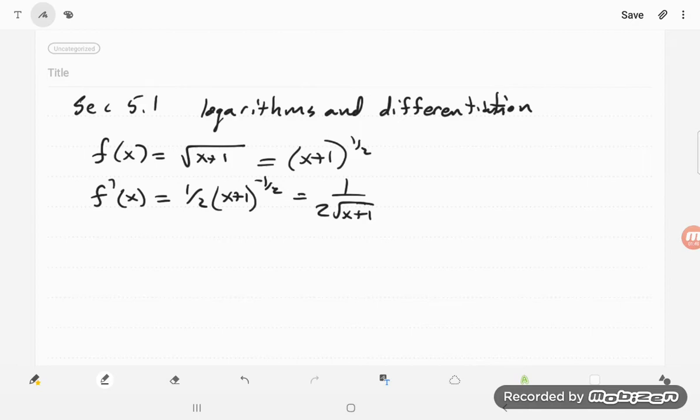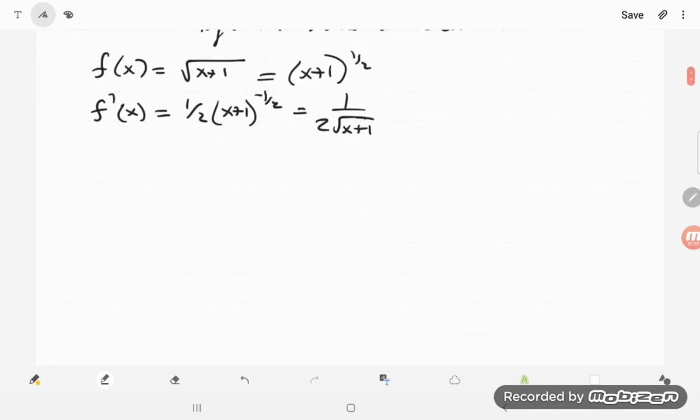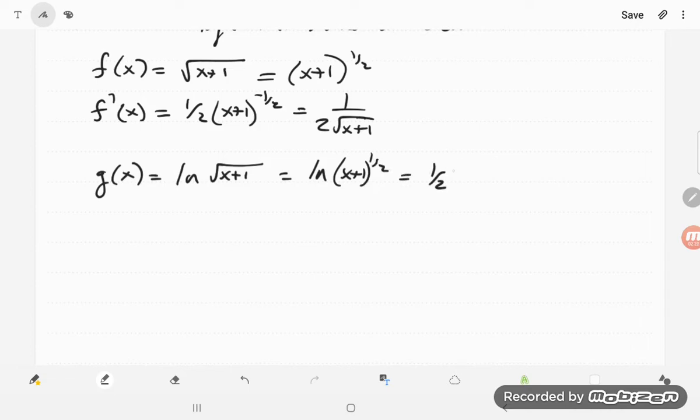So, with our ability to work with symbols, it's gotten pretty good. But if instead I were to look at a function g of x equal to the natural log of the square root of x plus 1, then that's the same thing as the natural log of (x plus 1) to the 1/2, which by properties of logarithms is 1/2 the natural log of x plus 1.